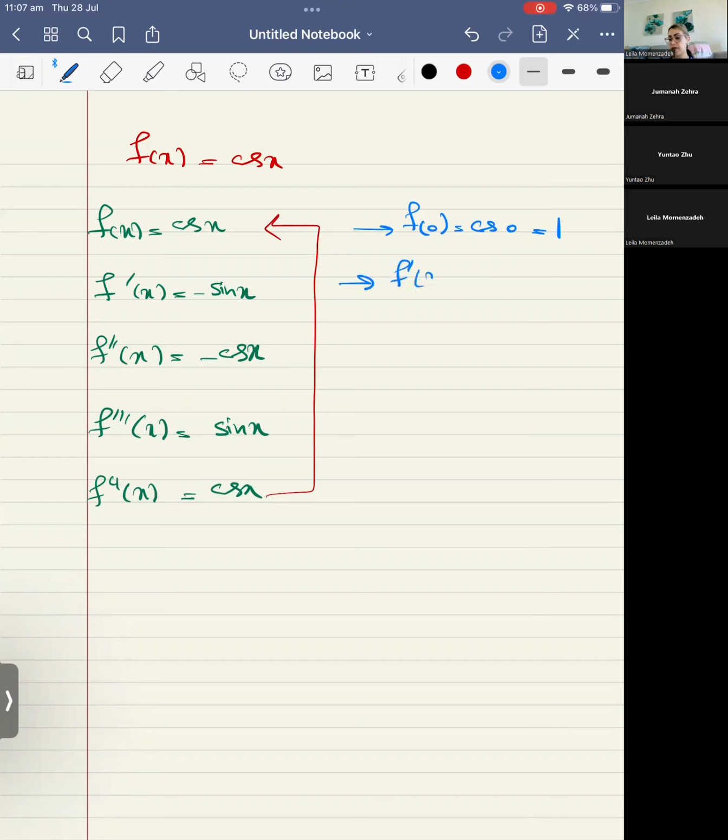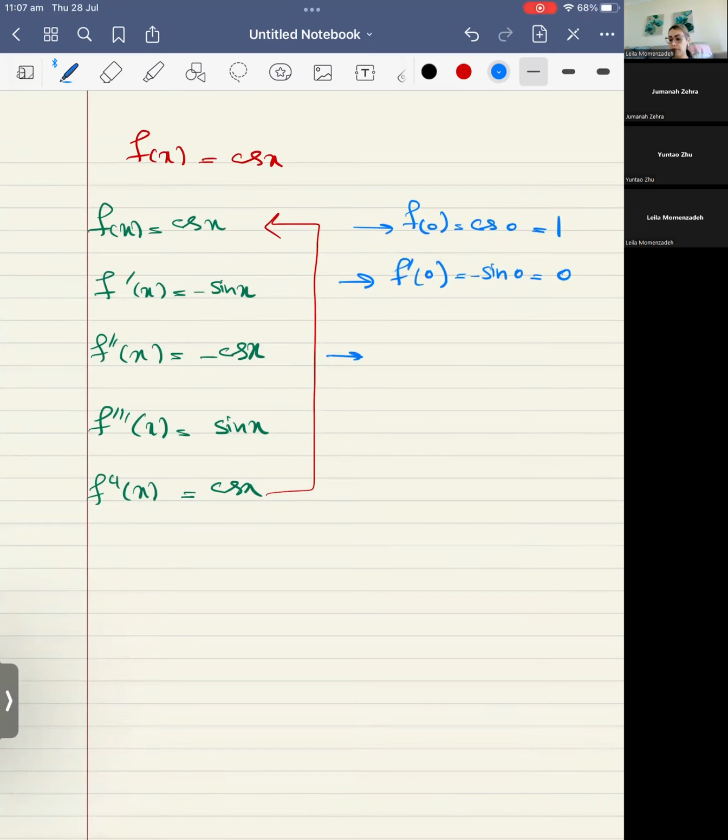F prime 0 is minus sine 0 is equal 0. F double prime 0 is equal minus cosine 0 is equal minus 1. F3 0 is equal sine 0 is 0, and again F4 derivative 0 is equal to cosine 0 is equal 1.